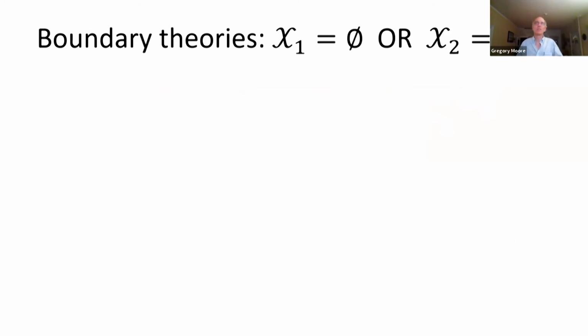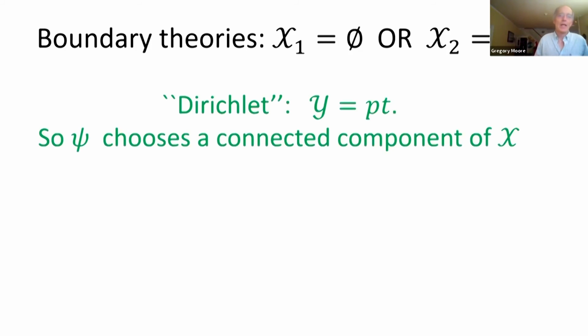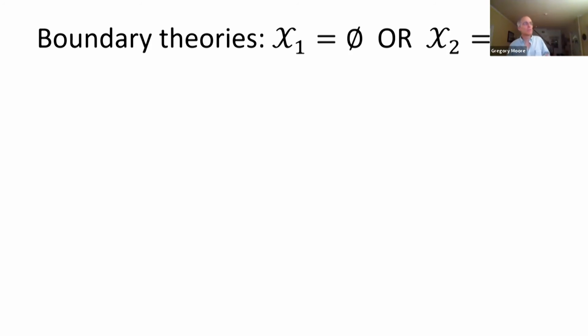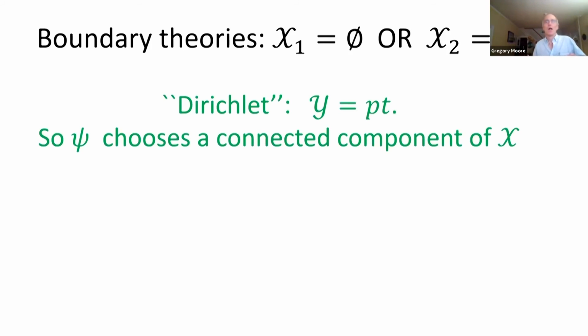And now we can describe boundary theories by taking the target space on the left to be the empty set, or the target space on the right to be the empty set, depending on whether we want our boundary on the left or the right. Now, in the context of these finite homotopy theories, there are two very canonical boundary theories we could talk about. We could choose Y to be a point.